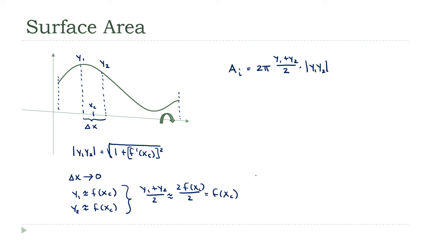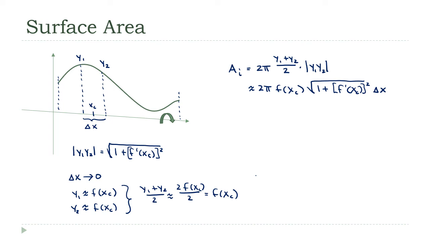All right, so then the area of my frustum here is going to be approximate now, right? Because I'm no longer using some exact values here, but that's okay. This is 2 pi f of x sub c times the square root of 1 plus f prime of x sub c squared, times delta x. And I should have had that over here, right?